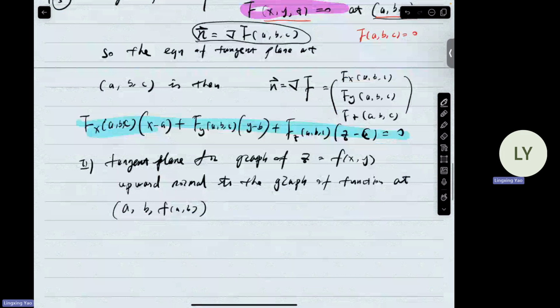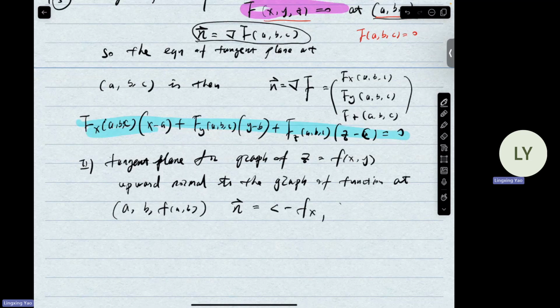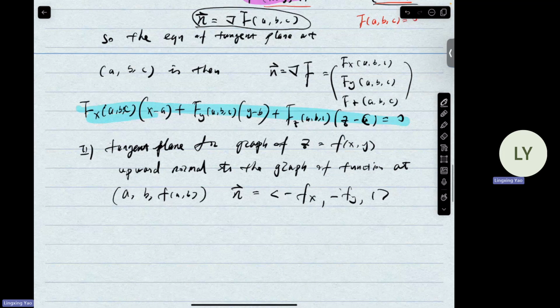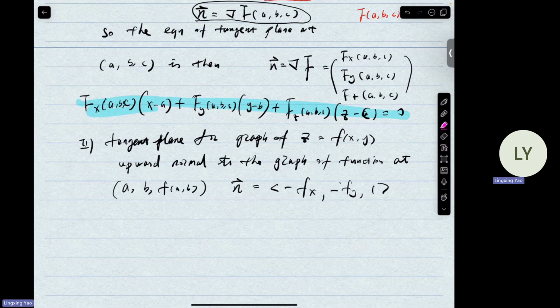Okay, so the upward normal vector will be negative partial f partial x, negative partial f partial y, positive 1. So this is the upward normal.